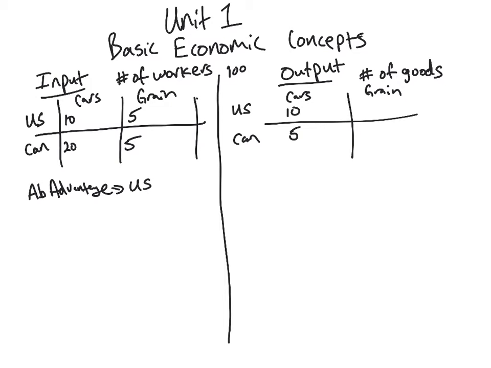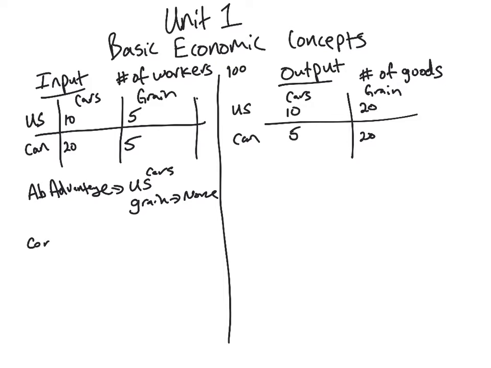So for grain, if they have 100 workers, and it takes 5 workers to produce that, they can produce 20 and 20. So absolute advantage in terms of grain is none. It just happens that they're the same. All right, but that doesn't matter. They should still be able to trade.